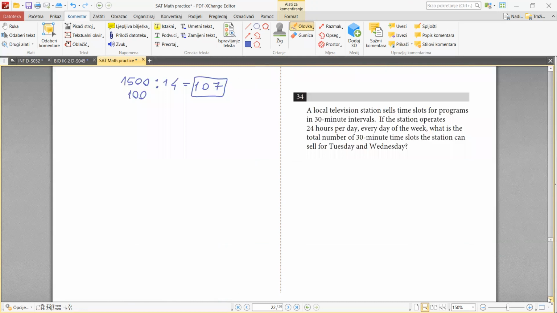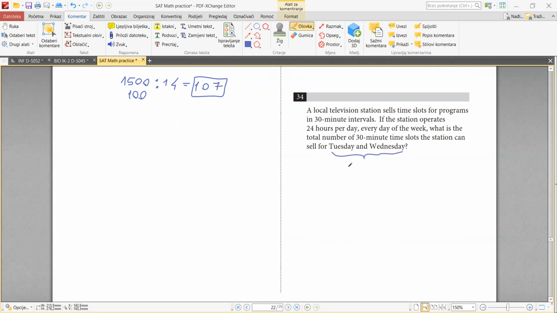Question number 34. A local television station sells time slots for programs in 30-minute intervals. If the station operates 24 hours per day, every day of the week, what is the total number of 30-minute time slots the station can sell for Tuesday and Wednesday?